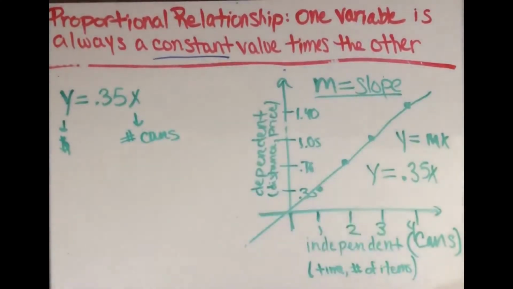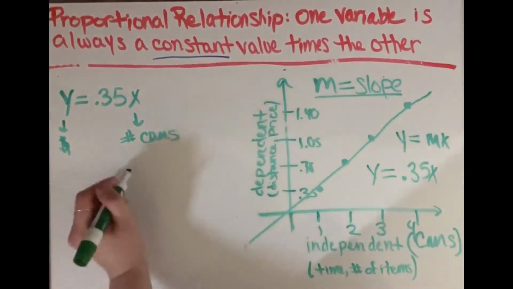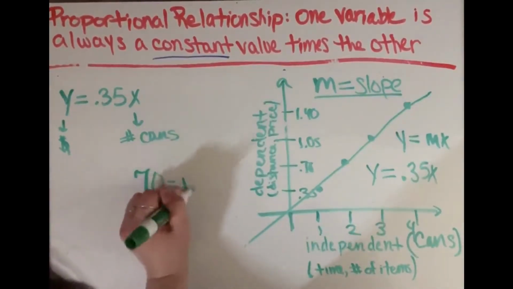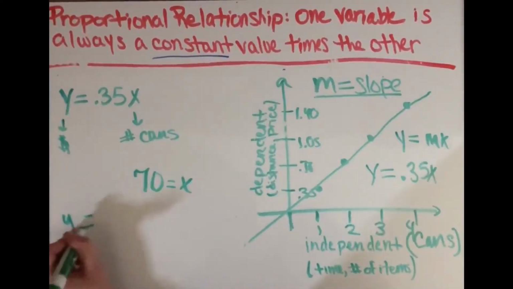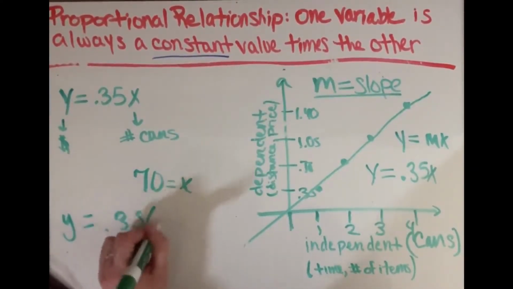So by setting up an equation, you can see how useful it will be to be able to solve for any variable, for any number of cans we want to buy. If we want to buy 70 cans, we can solve for price. y equals 0.35 times 70.